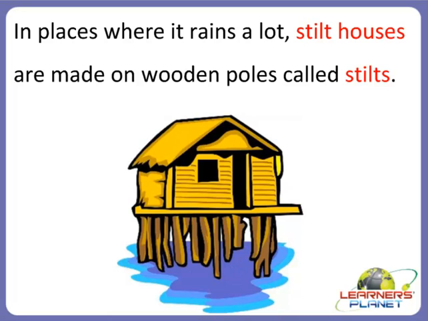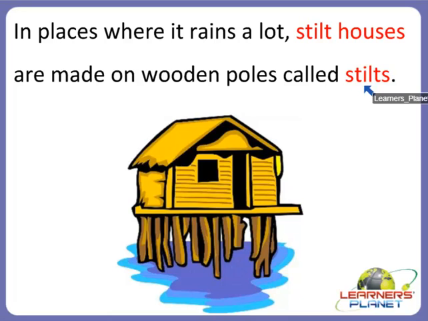Now the next type of house is stilt houses. So what are stilt houses? Children, in some places where it rains a lot, stilt houses are made on wooden poles called stilts.